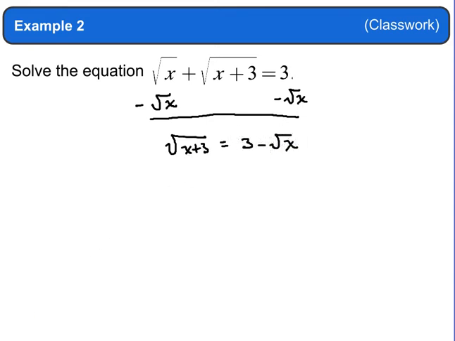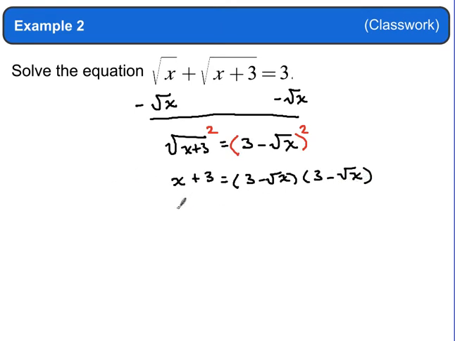We'll deal with that. And so as you see this one work out, we'll square this side. And so if we square the left, we have to square the right. And so these will cancel. You'll get an x plus 3 on the left. And remember, this kind of expands itself out. So now you have a 3 minus the square root of x, and you'll have another 3 minus the square root of x.